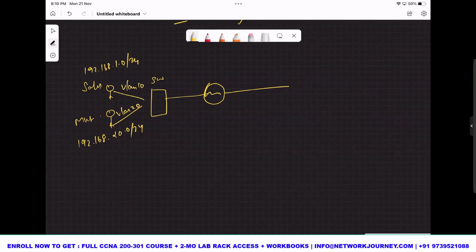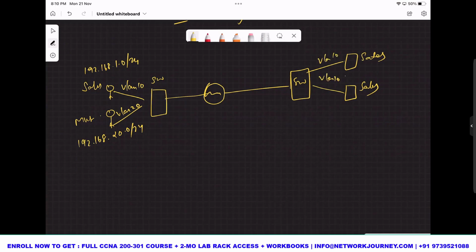Now the router is connected to another switch, and on another switch you will see a lot of sales people sitting, no marketing people. So you will configure VLAN 10 there as well. These are, let's say, 192.168.1.10 and 192.168.1.20/24.